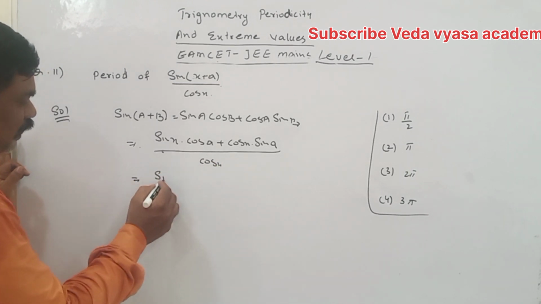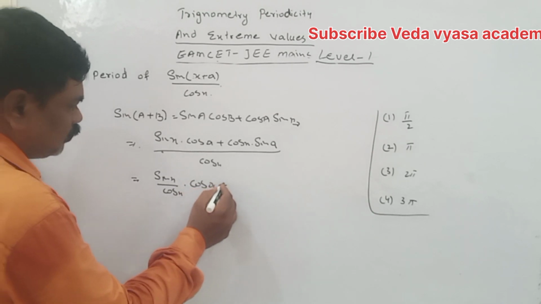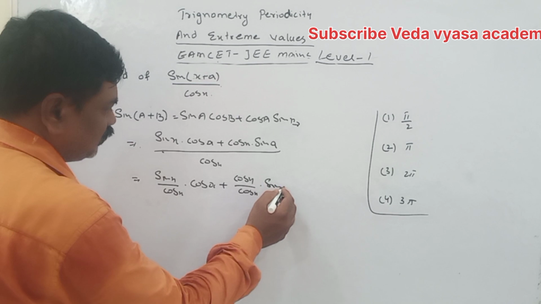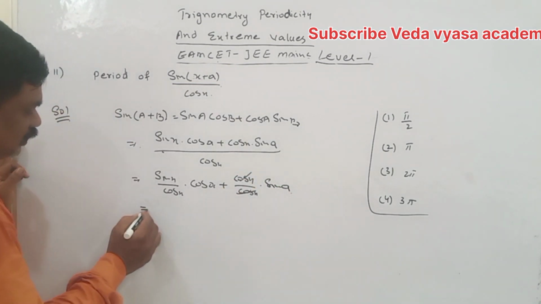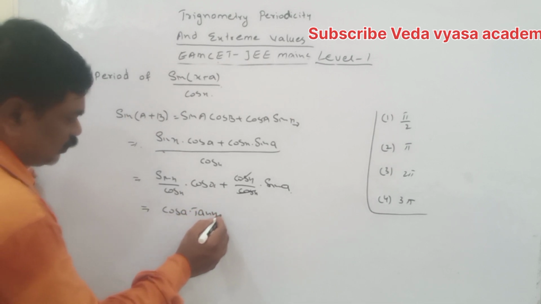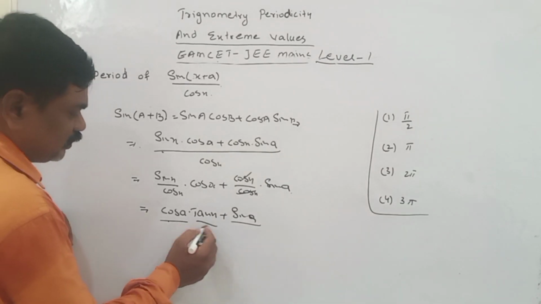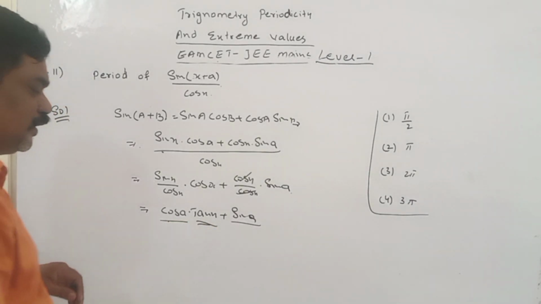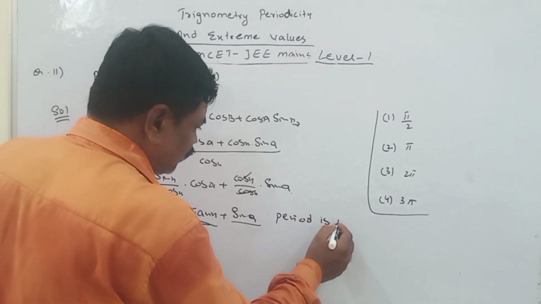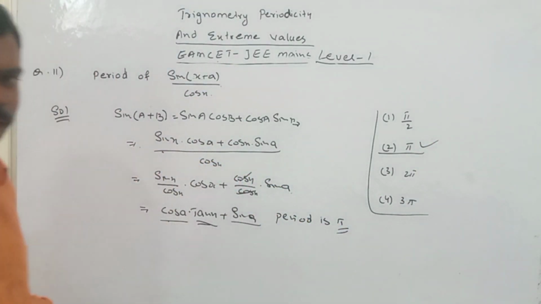Then we have sin x by cos x into cos a plus cos x by cos x into sin a. The cos x cancels, so this is cos a into tan x plus sin a. This is constant, this is constant. Then what is the tan x period? This period is pi. So we have option 2 as the answer.